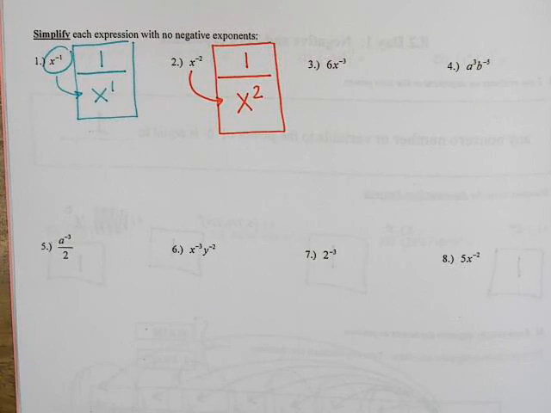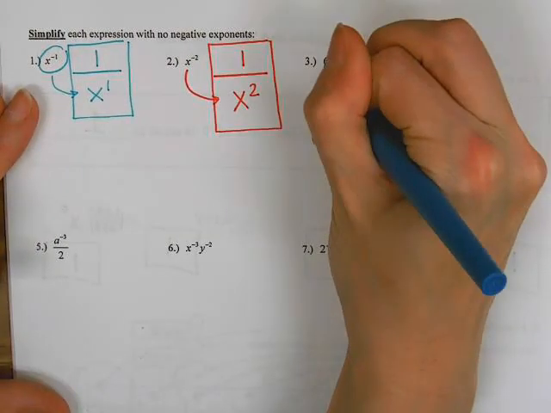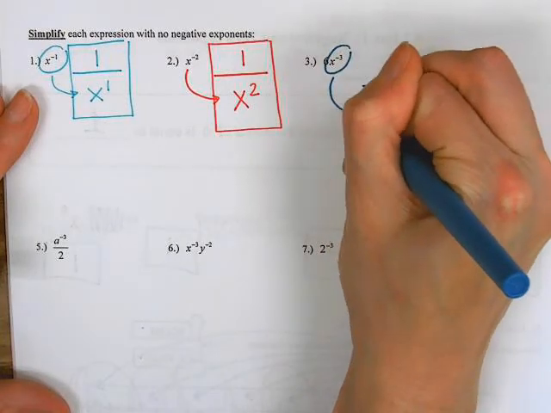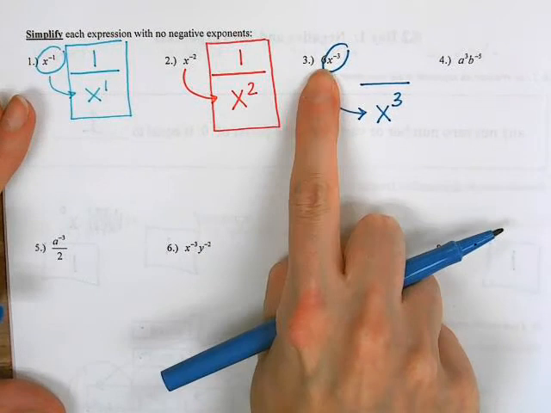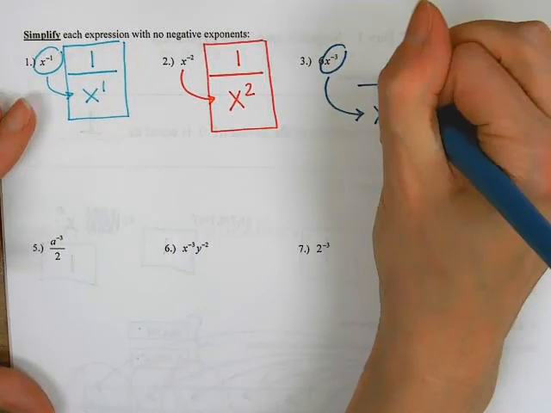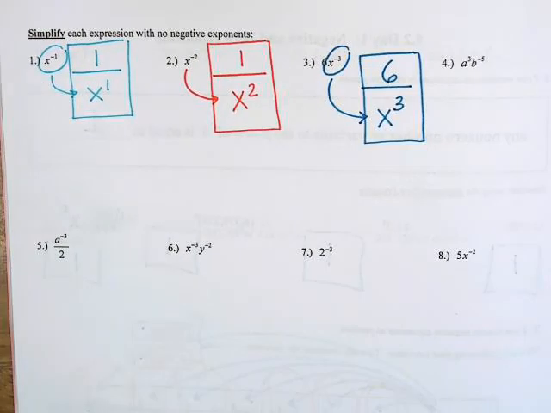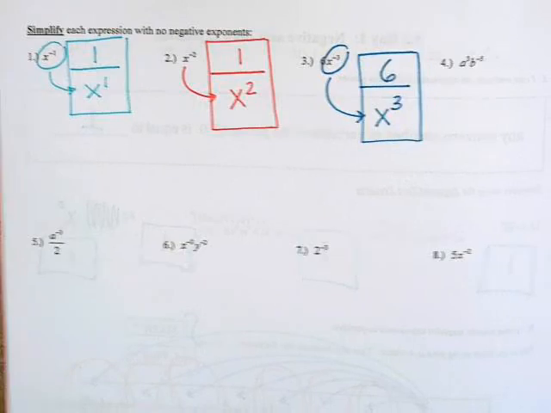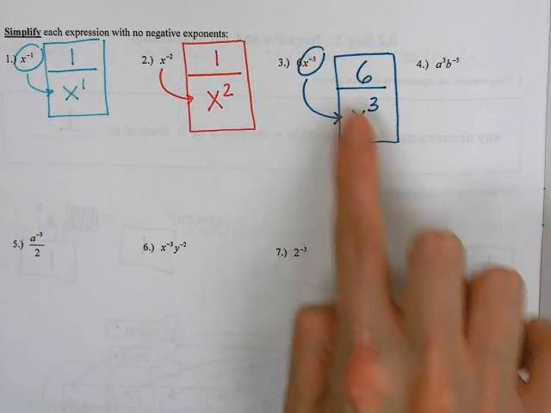Let's try 3. Draw a fraction bar. If your exponent's negative, you drop it like it's hot, and it becomes x to the positive 3. Now don't move the 6, though. The 6 was good, so the 6 gets to stay on top. Be careful: only move the base and the exponent.